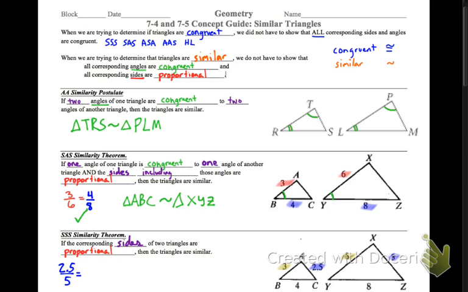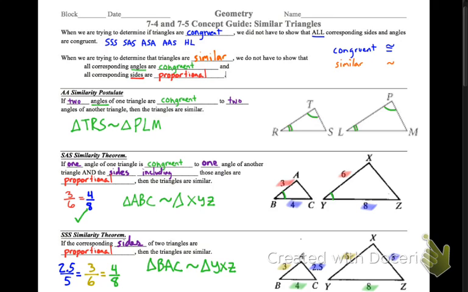The next one would be 3 and 6, 3 over 6. And then the biggest is 4 of the small triangle, 8 of the big triangle, 4 over 8. How do those three ratios compare? They are proportional. They are equal to each other. So we can then say, because of the side-side-side similarity theorem, we have similar triangles.